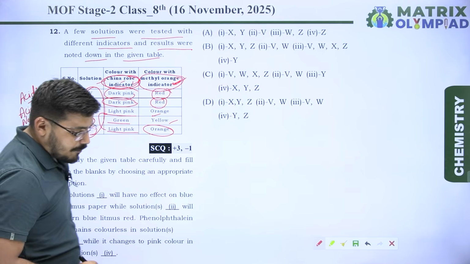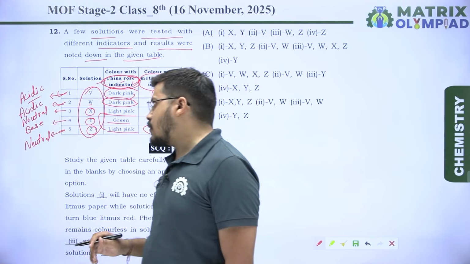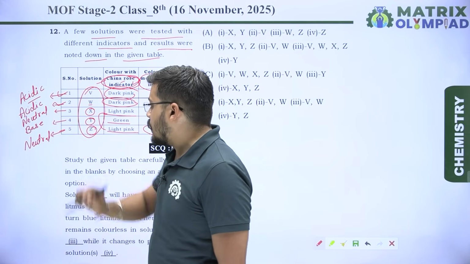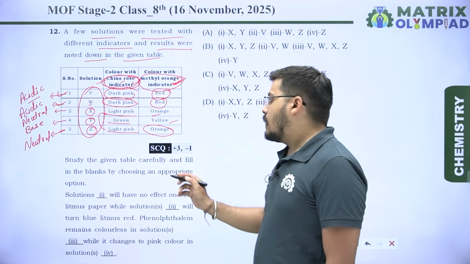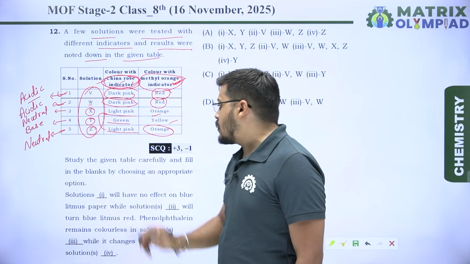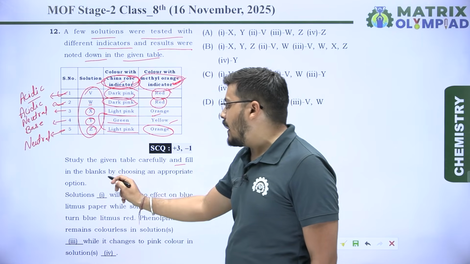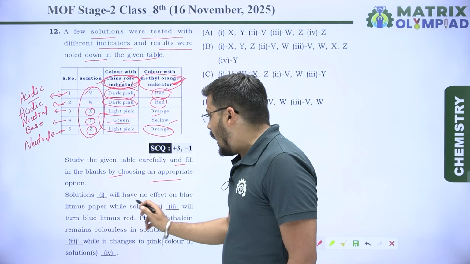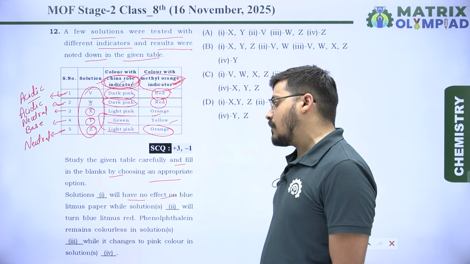So we have 5 solutions and they have different natures: acid, base and neutral. Let's read the content. Study the given table carefully and fill in the blanks by choosing an appropriate option. Solution 1 will have no effect on blue litmus paper.